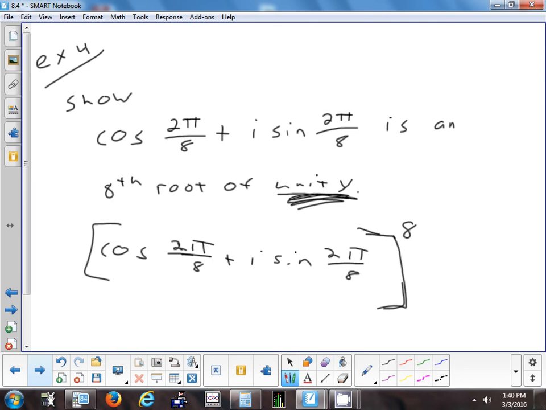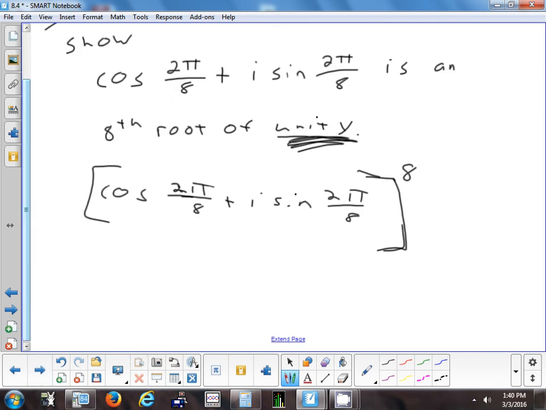All right, so what's my radius? One. And then when we do 1 to the 8th power, what do we get? Still 1.